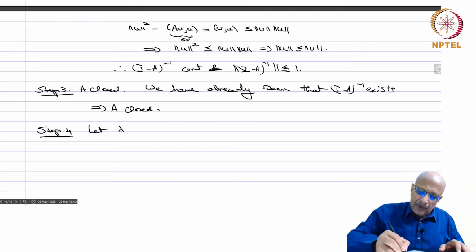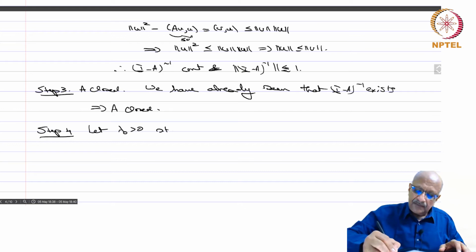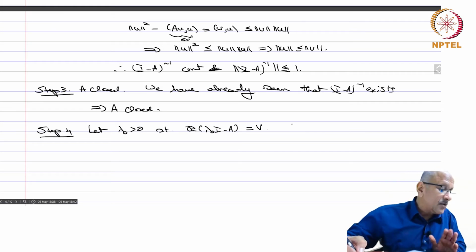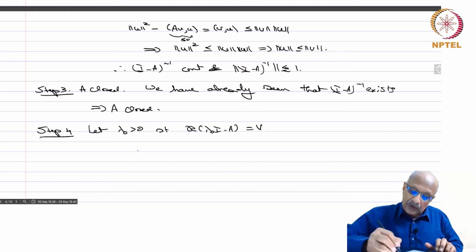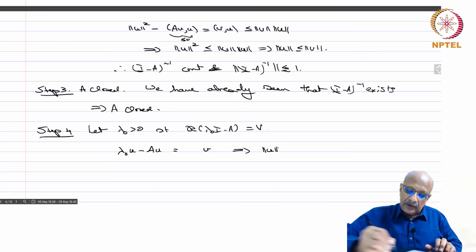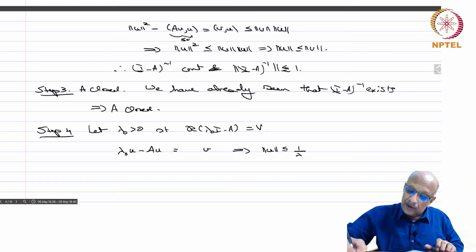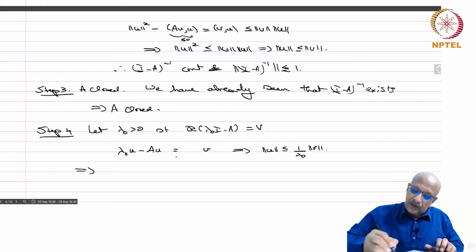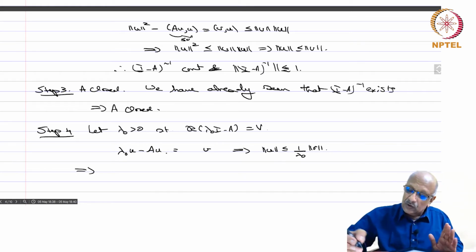let lambda naught be positive such that range of (lambda naught I minus A) is the whole of V. In particular, we have this for lambda naught equal to 1. So, let us assume that. Then again, for any v, you have lambda naught u minus Au equal to v, and therefore, by the same argument, taking the inner product with u, since (Au, u) is negative, norm u is less than or equal to 1 by lambda naught norm v. Also, if v is 0, then u has to be 0.